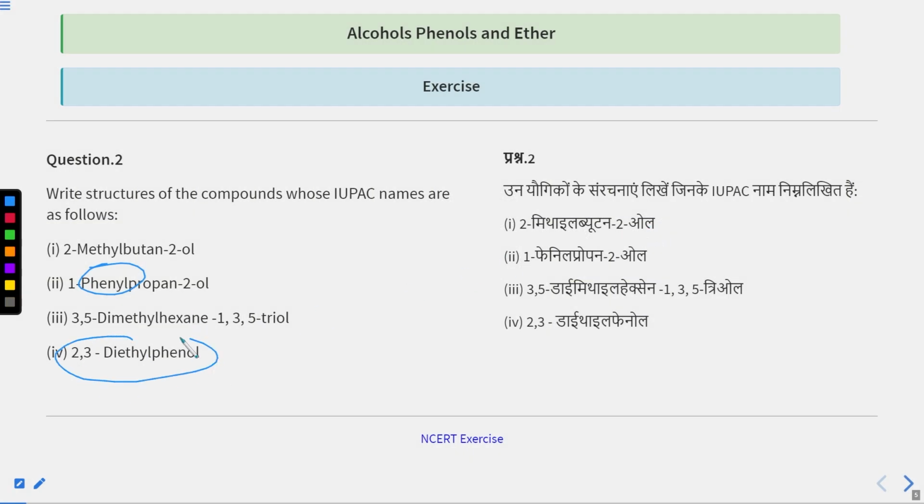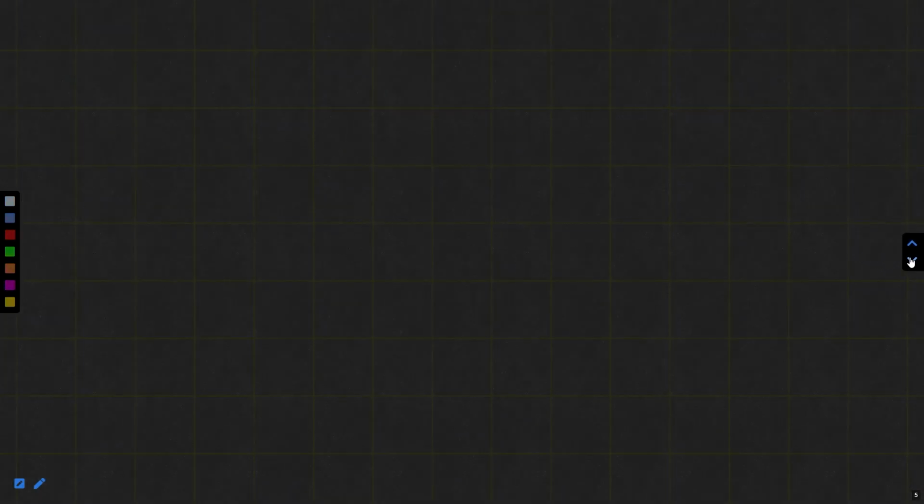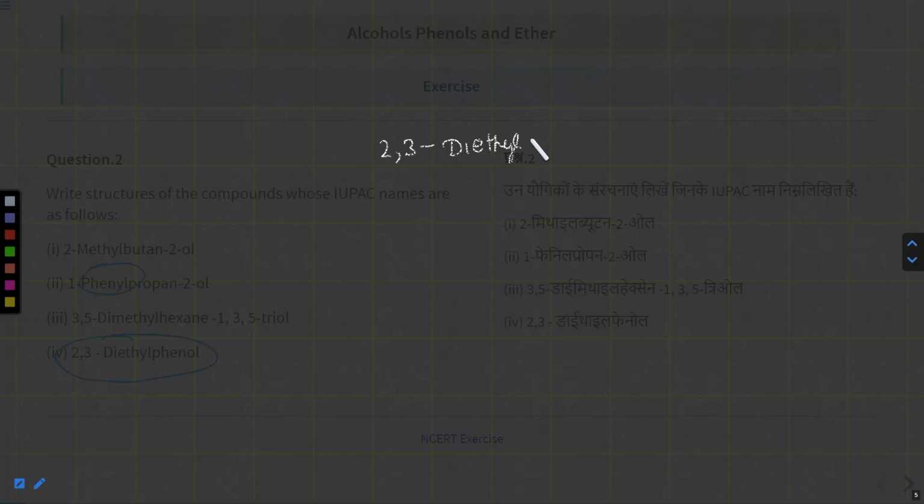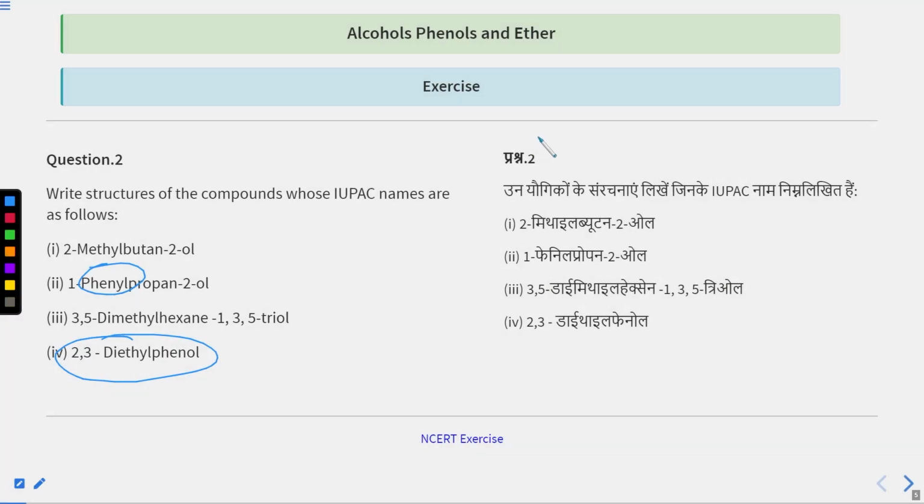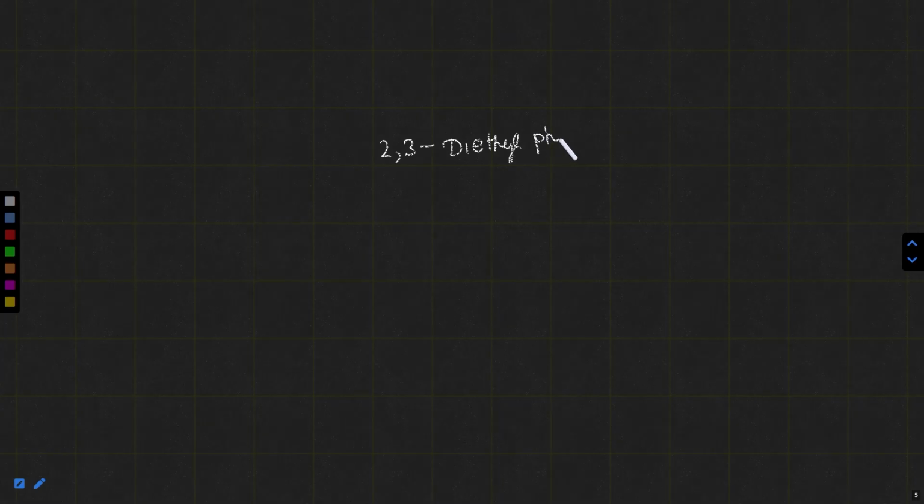Next is 2,3-diethylphenol. How will we name it? First of all, we will write the phenol.